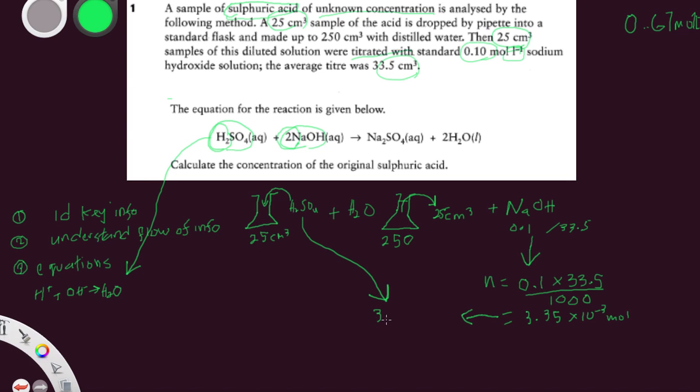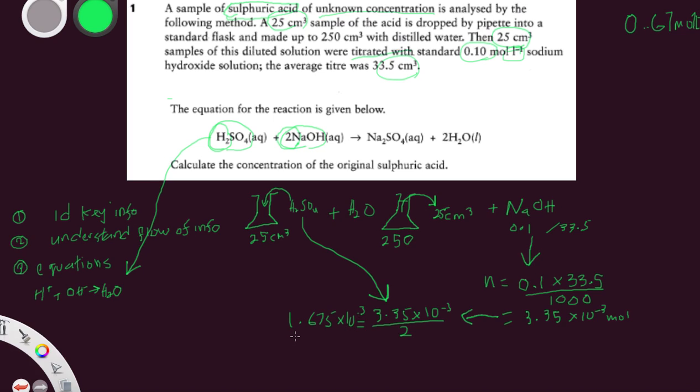So 3.35 times 10 to the power of negative 3 divided by 2 is going to give us 1.675 times 10 to the power of negative 3.